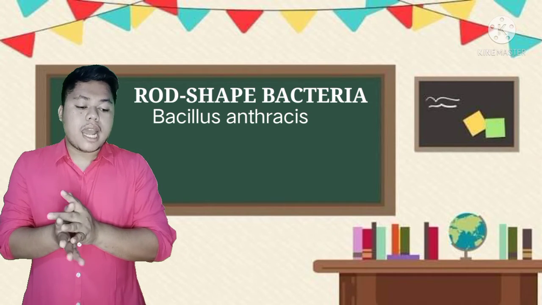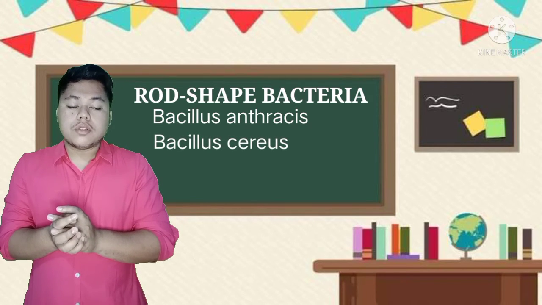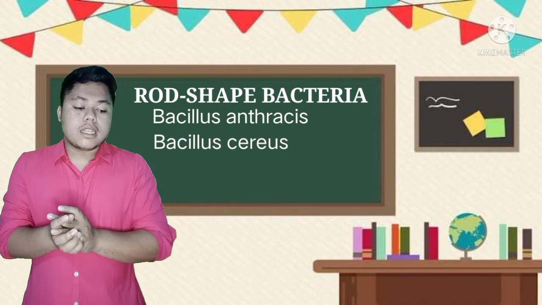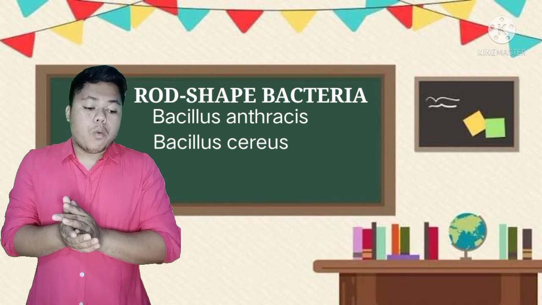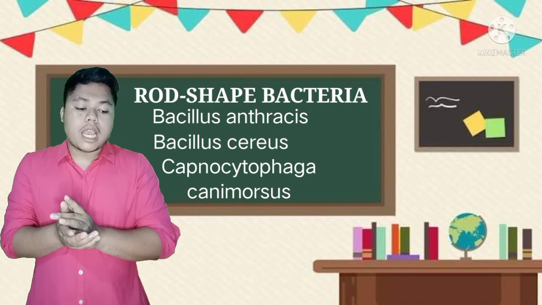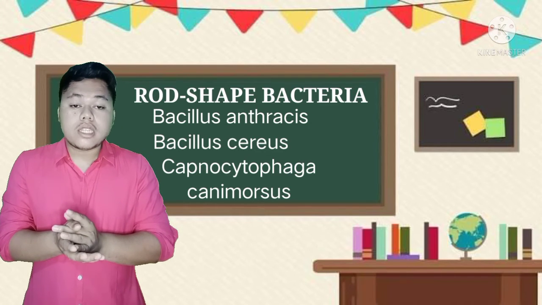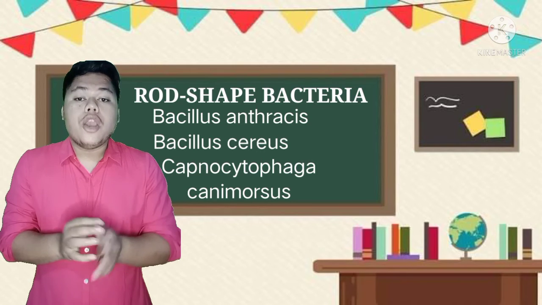Very good. And the next one is Bacillus cereus that causes food poisoning. The Bordetella pertussis that causes whooping cough, while the Capnocytophaga canimorsus, transmitted from dogs and cats, can cause bacterial infection in humans.